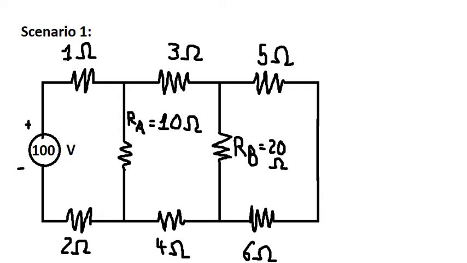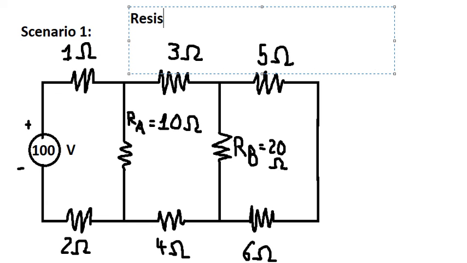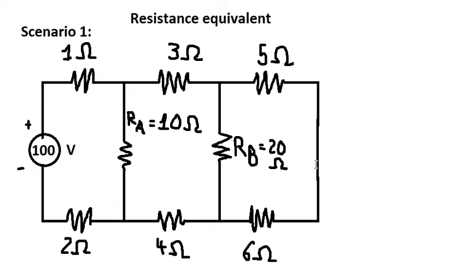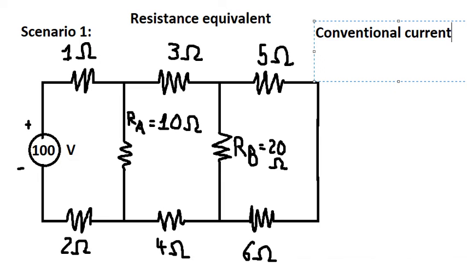We need to find the equivalent resistance. Then later we need to find the flow of current in here. So that is the conventional current.